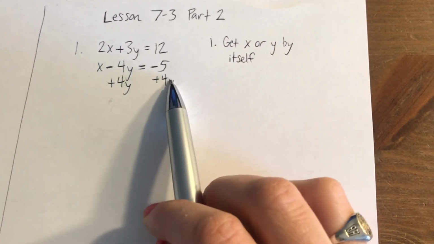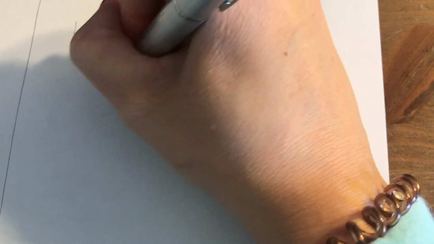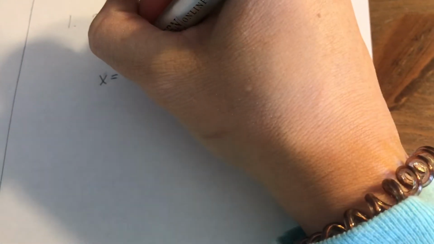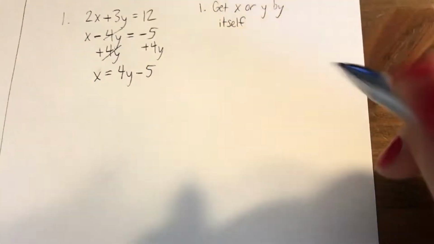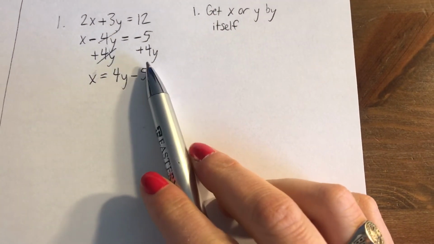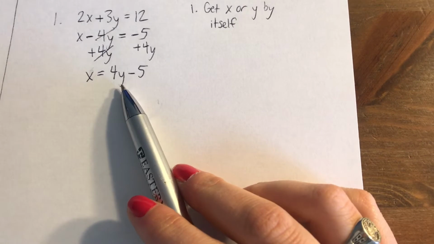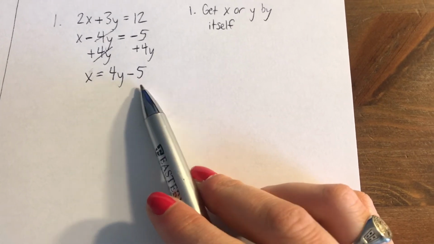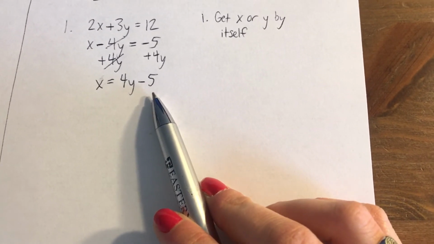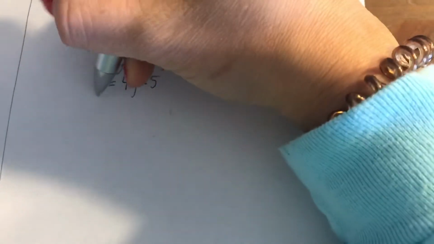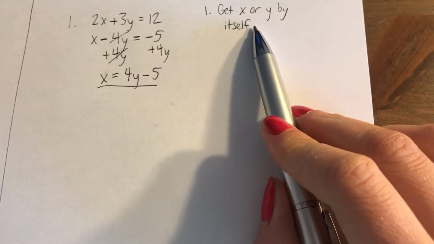We're going to bring it over to the other side. So then I'm left with x equals 4y minus 5. You could also do negative 5 plus 4y. Same thing. All right, so now I have a variable all by itself.